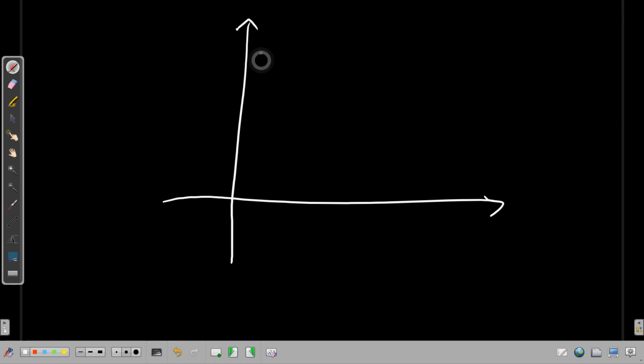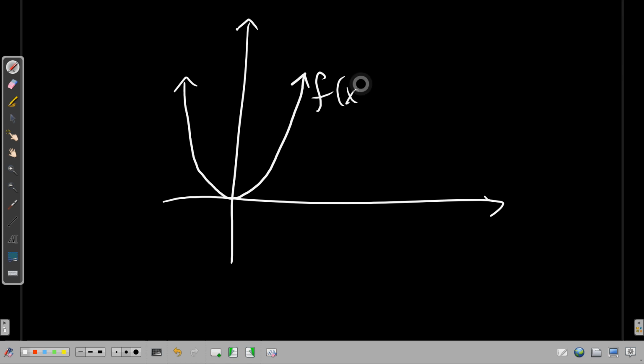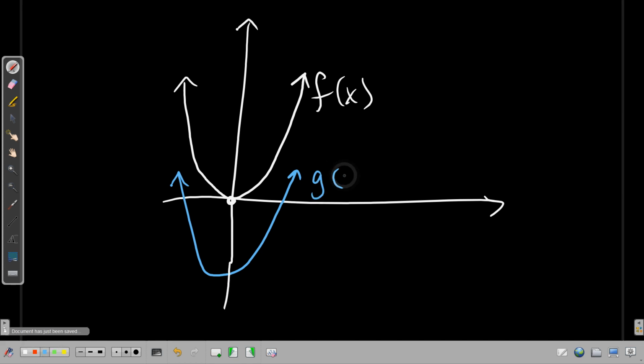So, by the same idea, if this is some f of x, and this is some other function g of x, I can see that the x values aren't moving, it's just the y values that are moving.